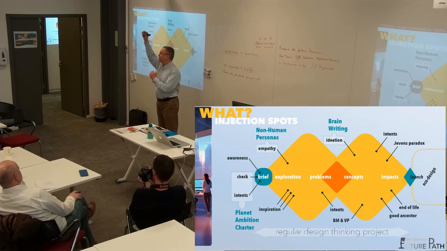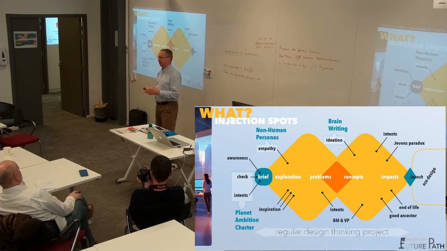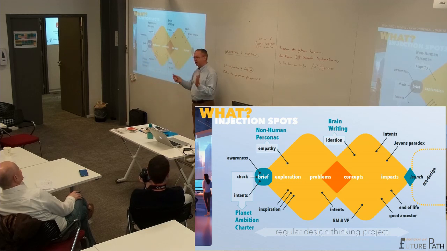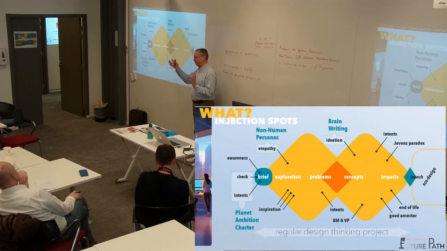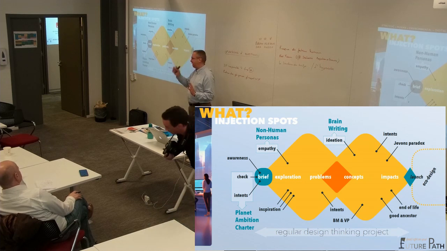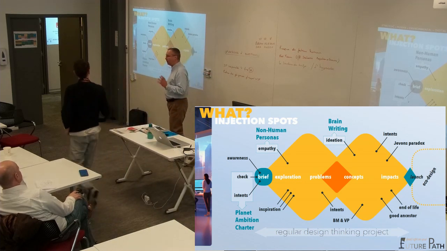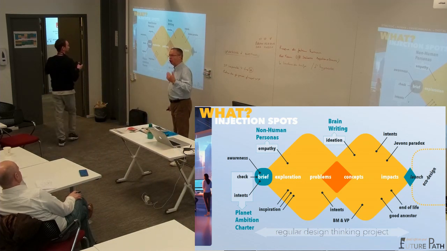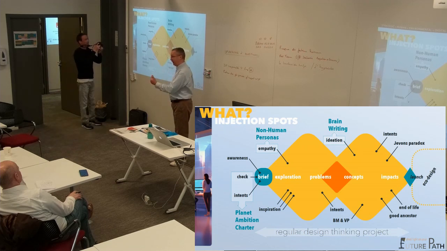This is effet rebond in French. Everyone in an innovation project with sustainability in mind will look at that very carefully: how much my innovation could have these Jevons effects and hence be worse than the previous situation.